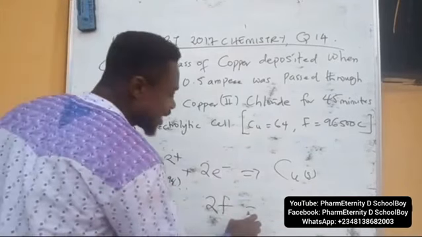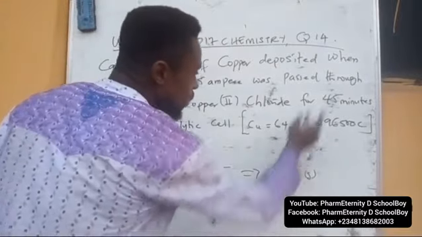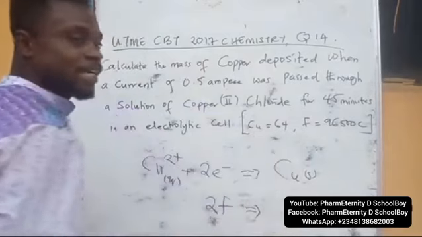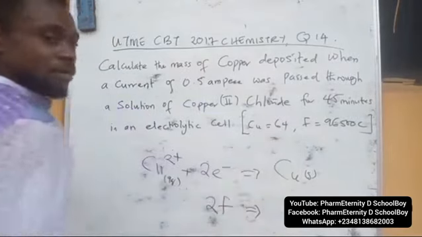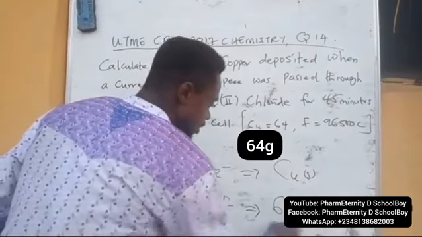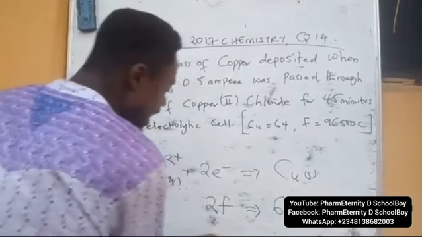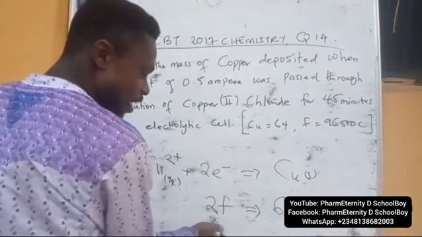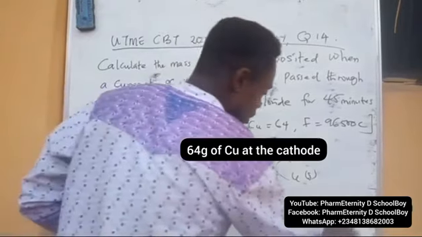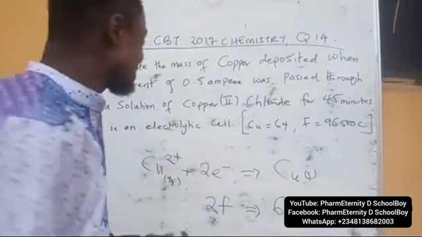And this 2 Faraday is responsible for the deposition of 1 mole of copper at the cathode, which can be represented with the weight of 1 mole, 64 gram. So what it implies is that 2 Faradays of electricity deposit 64 gram of copper at the cathode. We are arriving somewhere.